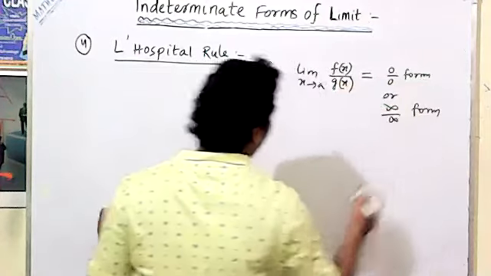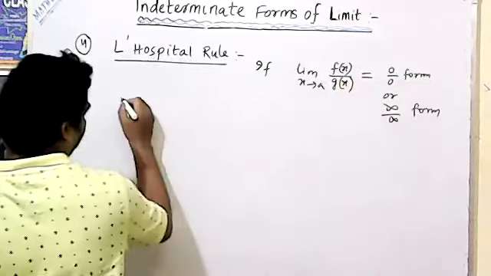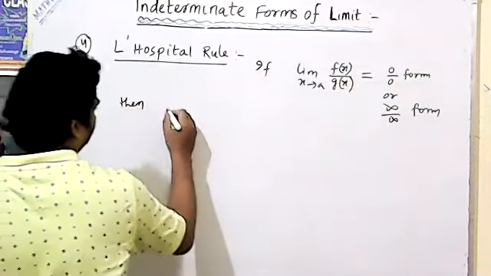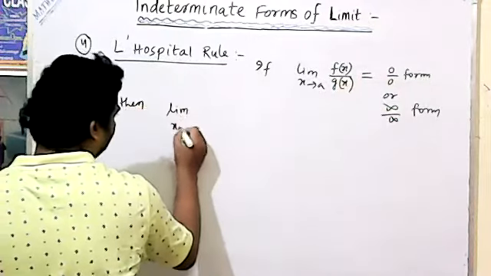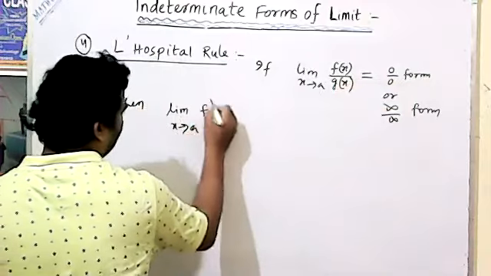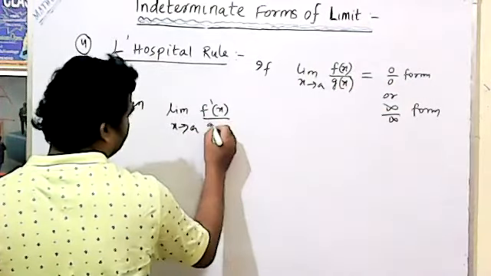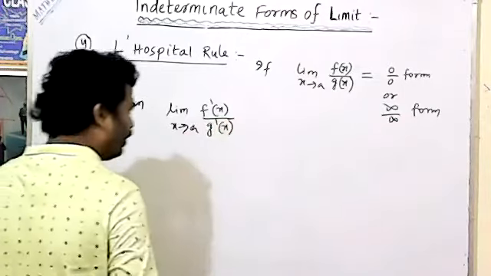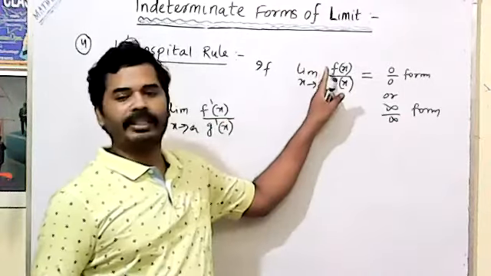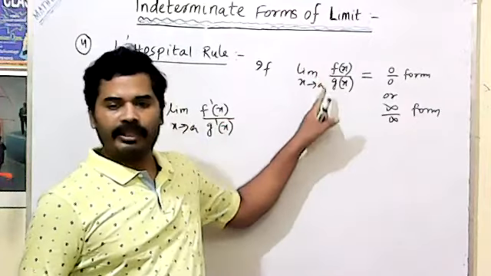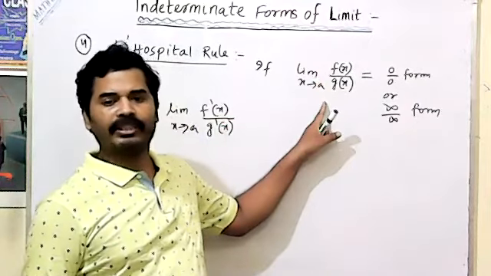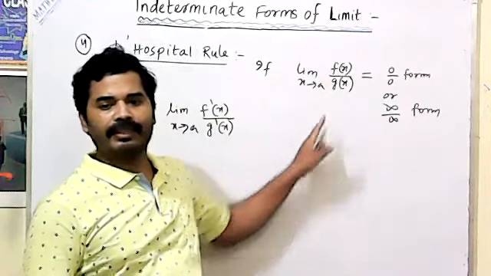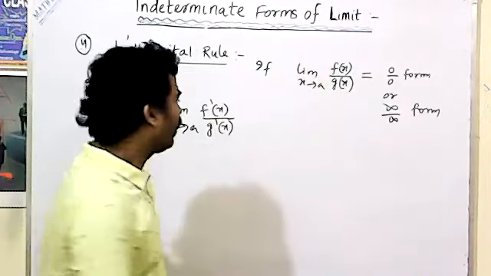Then limit x tends to a of f dash x by g dash x. That means we have to find the derivative of the upper part, the numerator, divided by the derivative of the lower part, the denominator, separately.